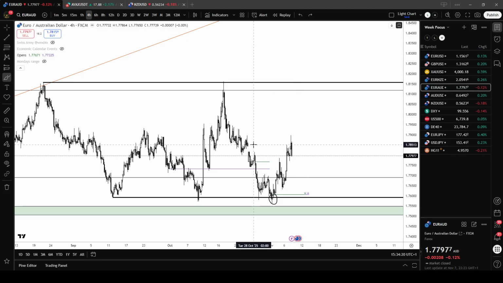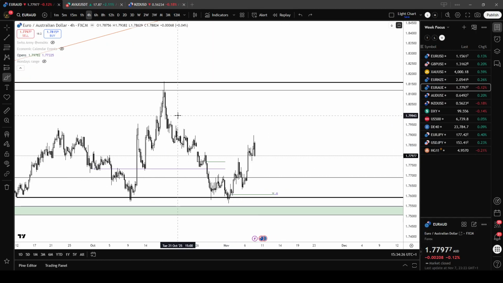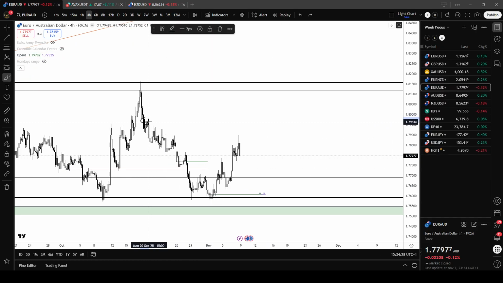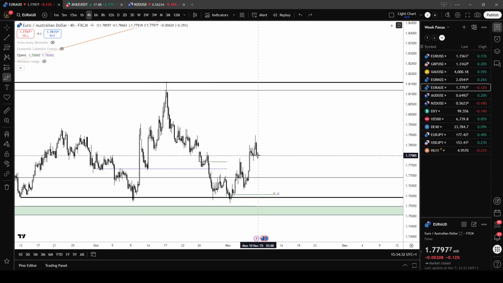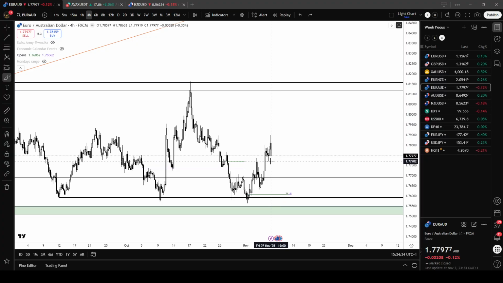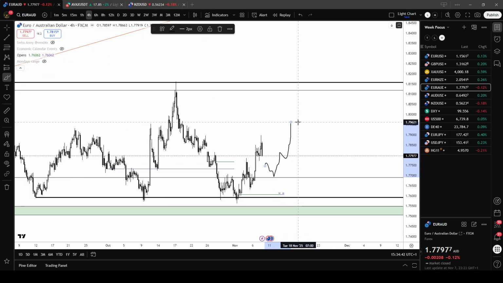So we had this gap, and this was our target for the long on Euro AUD. And we also have a flat open weekly candle here. So I actually think that Euro AUD could pull back, but I think it's going to hold and probably trade higher. I don't know whether it goes to range highs or breaks lower.